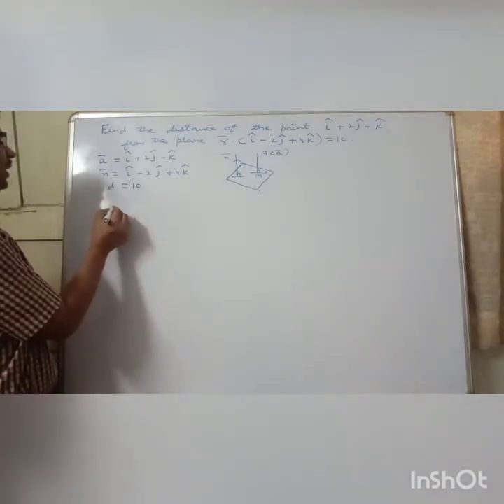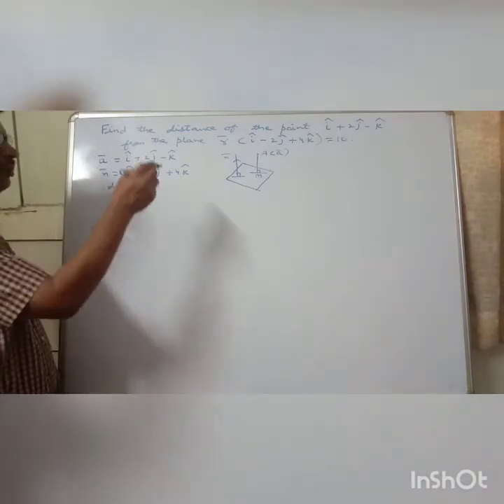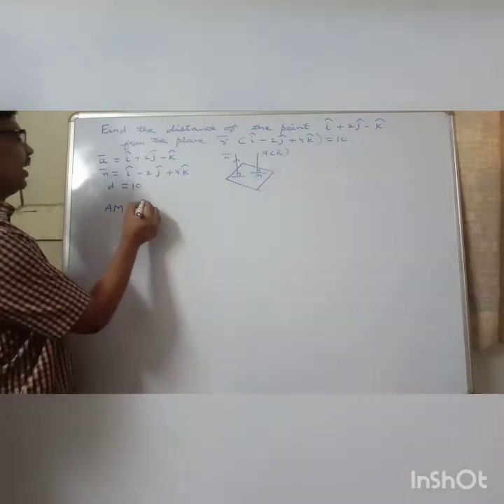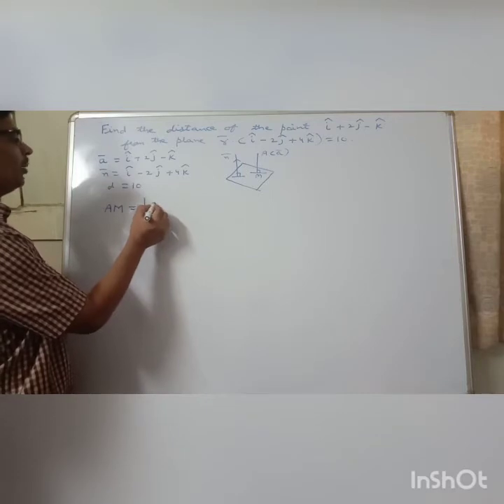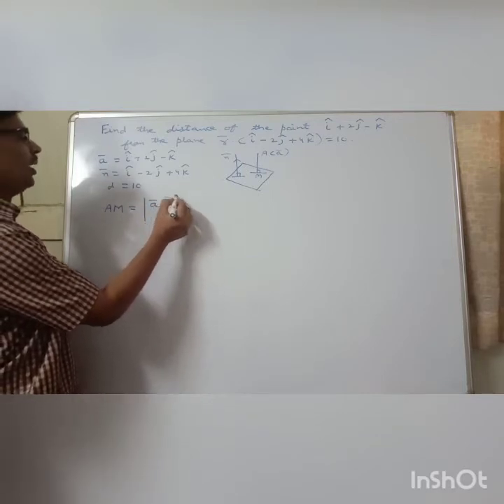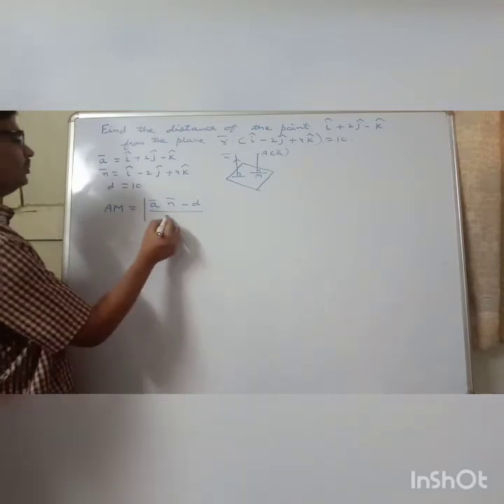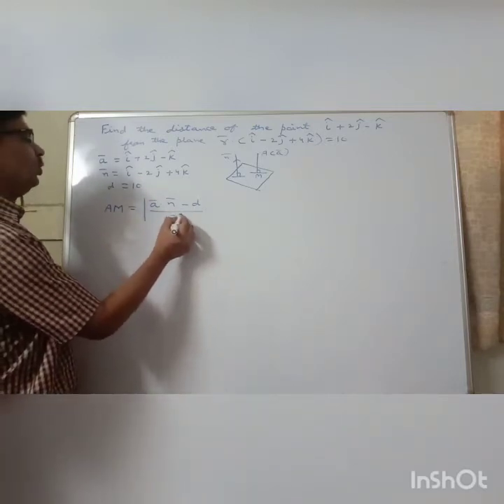Now distance between point and plane, perpendicular distance, is given by the formula mod of A bar dot n bar minus d divided by magnitude of n bar.